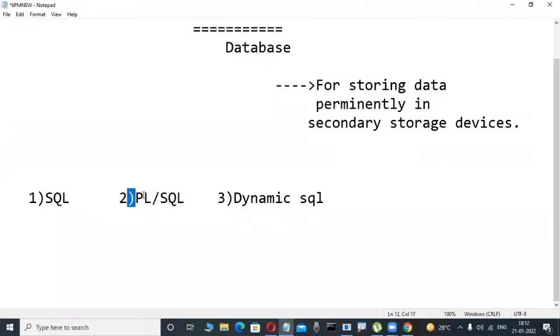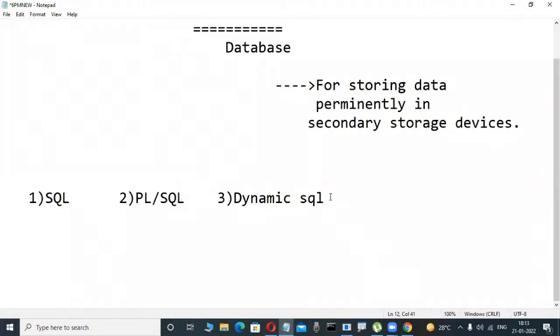But why PL/SQL, which is some programming like C++ or Java? Procedural language extension for SQL. Why is this language really required? So many jobs are available in PL/SQL also. It is required because of so many applications.